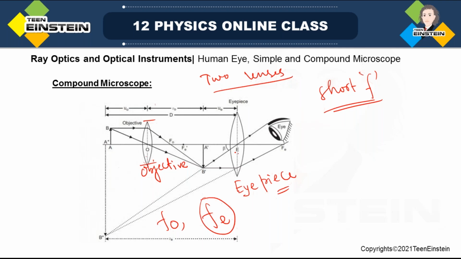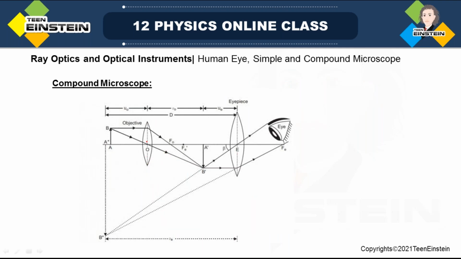Now what is the working principle? If we keep an object a little bit beyond the focal length of the objective lens, then this objective lens will create a real, inverted and magnified image, A prime B prime, over here.